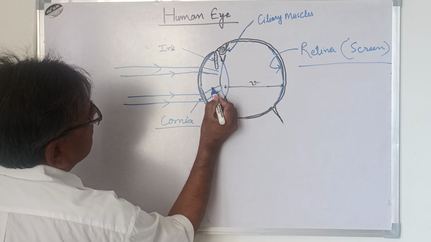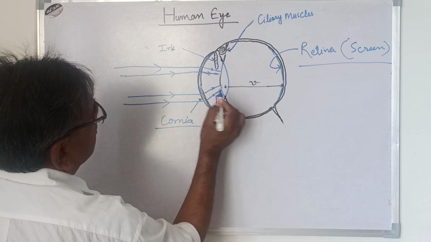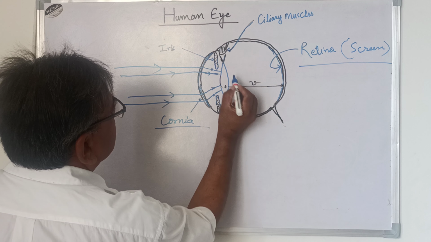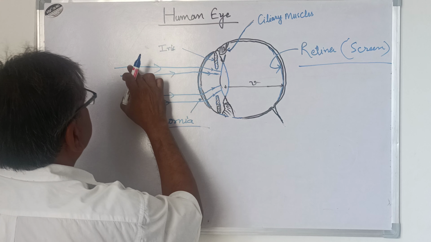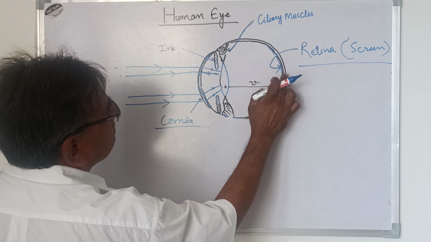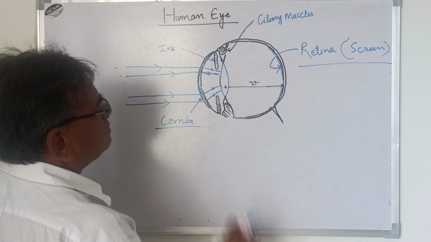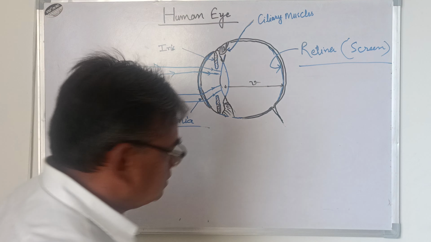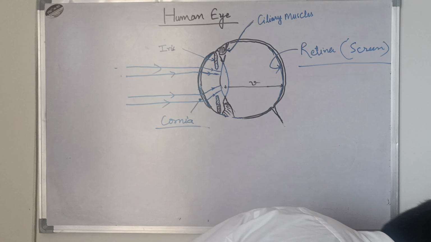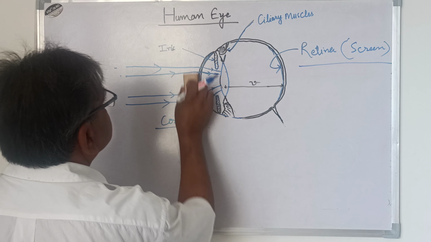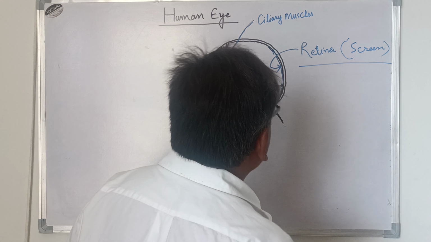And these bent rays reach the eye lens, and further the eye lens acts and the image is formed. The rays reach exactly at the retina, and the image is formed at the retina. So this cornea acts as the primary lens. This has been the function of the human eye.